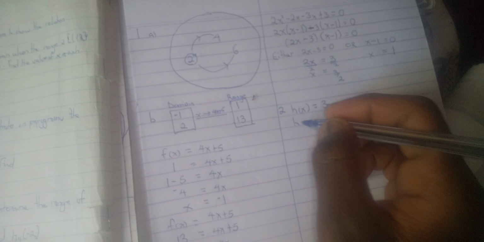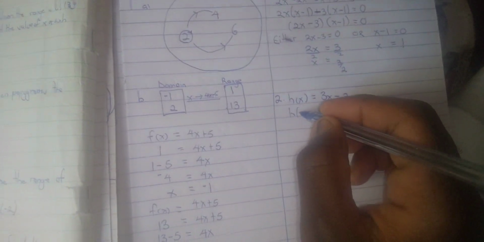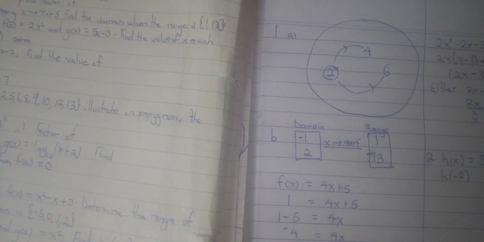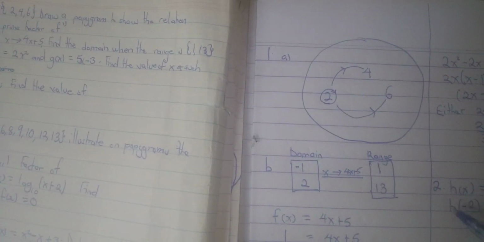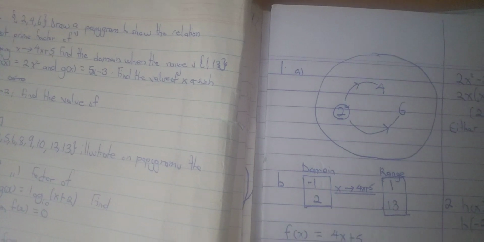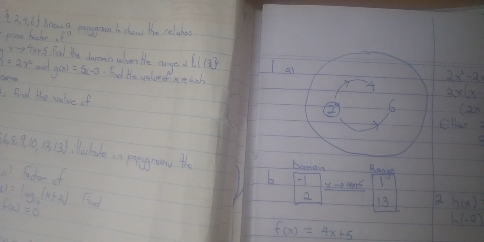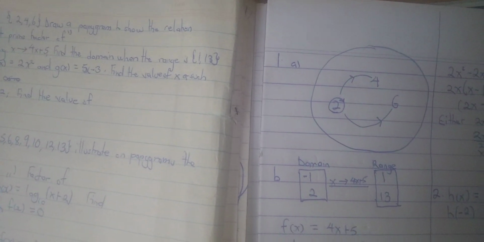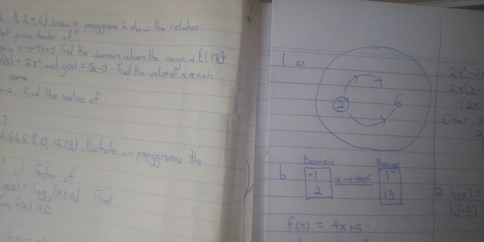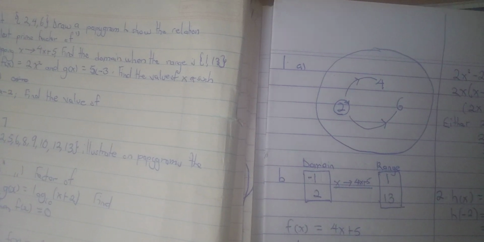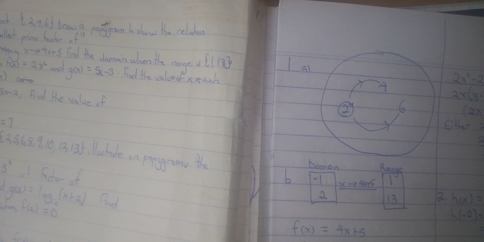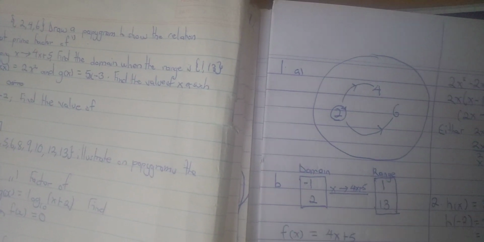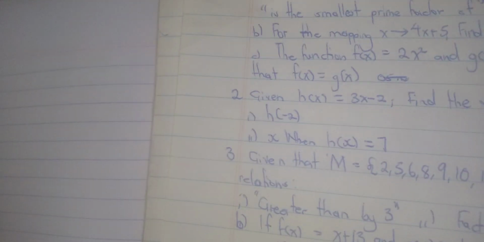Then they want h of negative 2. We shall just substitute x as negative 2. So we have 3 times negative 2 minus 2. This gives us negative 6 minus 2, which brings us to negative 8. So we are done with h of negative 2.